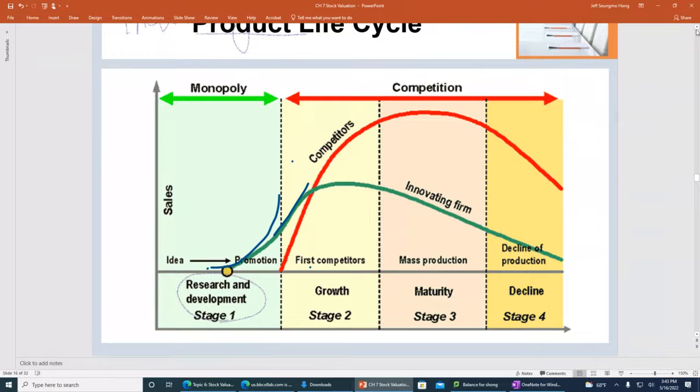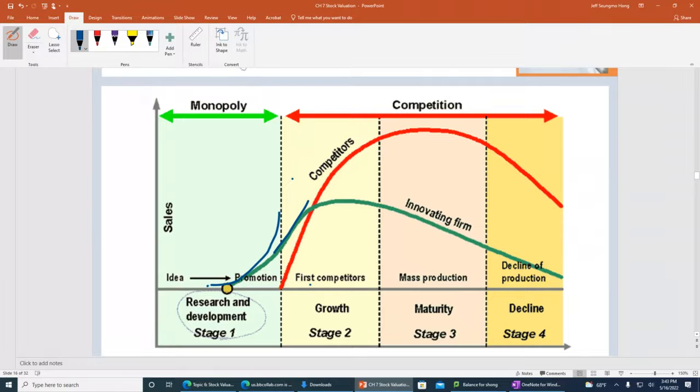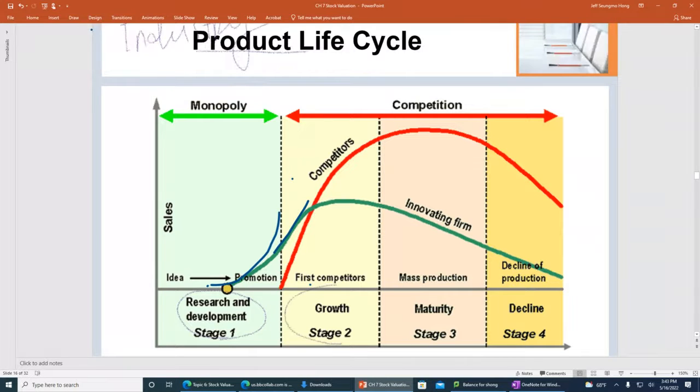So as the whole industry, you will see in stage two, which is called the growth stage, the competitors will enter the market.